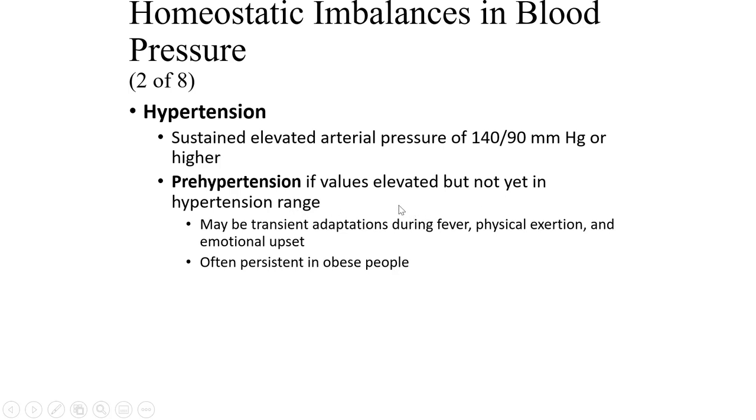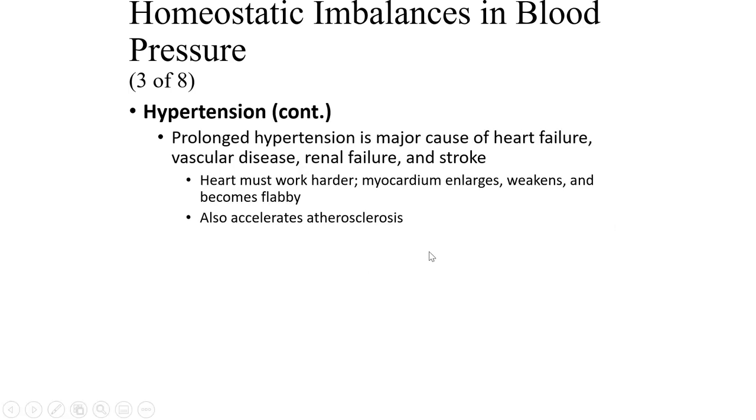It's elevated, but not yet in the hypertension range, most especially among older people. But if you are young or in middle age, you wouldn't want to have sustained elevated arterial pressure for very long. You want to make sure that you know the reason why it is high.